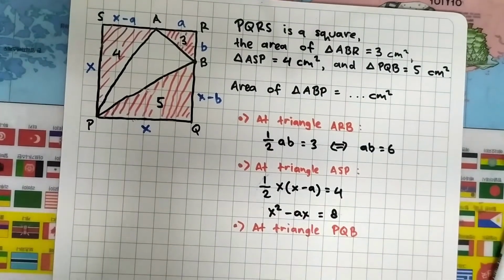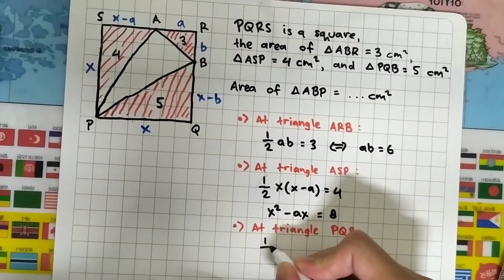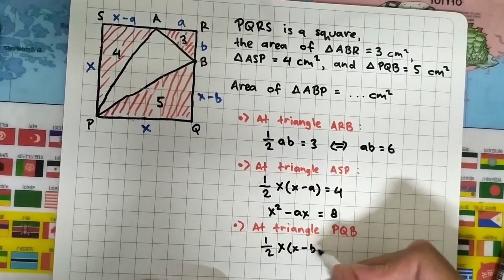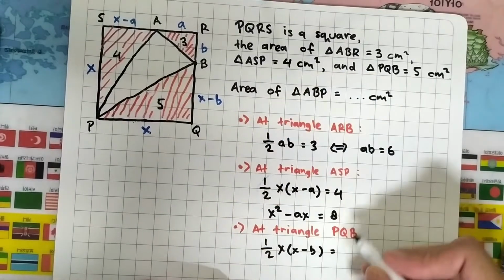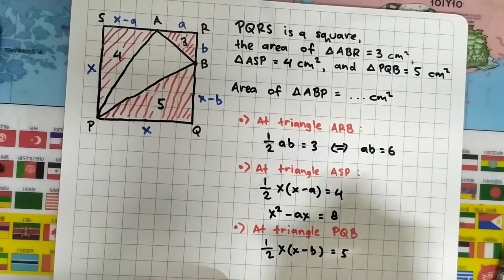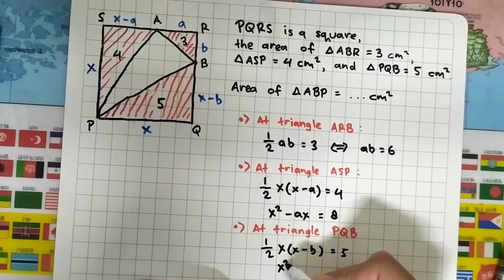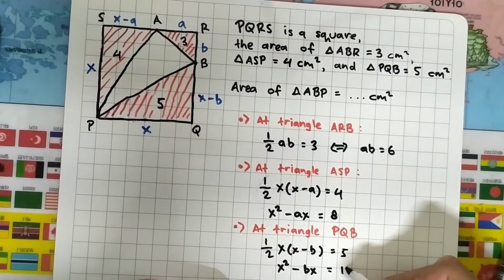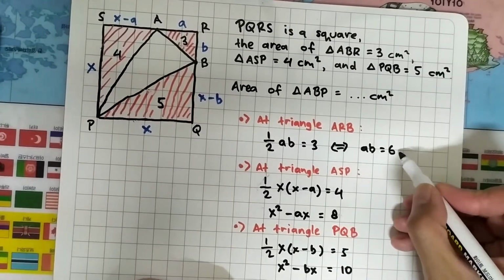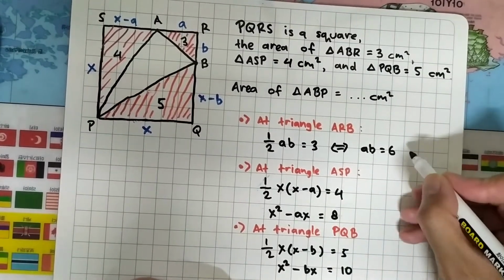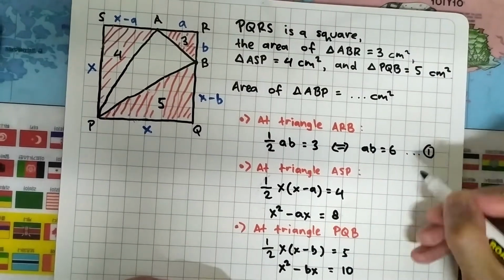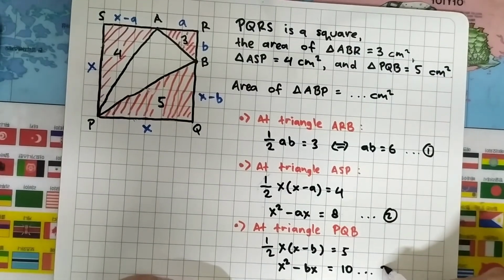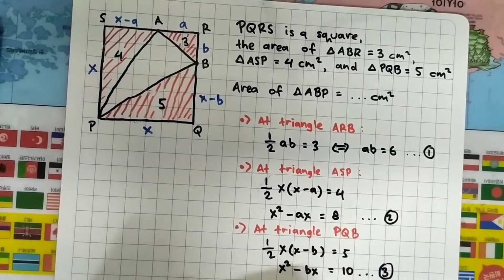So I have 1/2 times x times x minus b is equal to 5, and that will make this equation. So we now have this one, this one, and this one, and let's number this as equation number 1, this as equation number 2, and this as equation number 3.